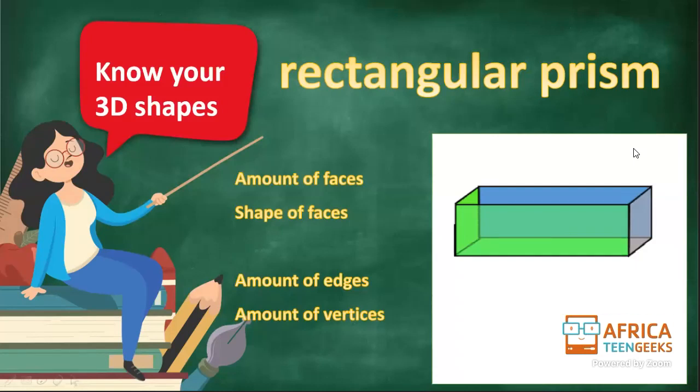Right, amount of faces, quickly. You can count them. 6, some of you said 8, some of you said 4. Remember, it's still the same as a cube. So it's a top, bottom, left, right, front, and back. The shape of the faces.